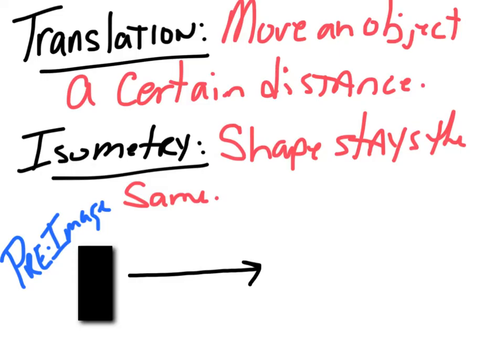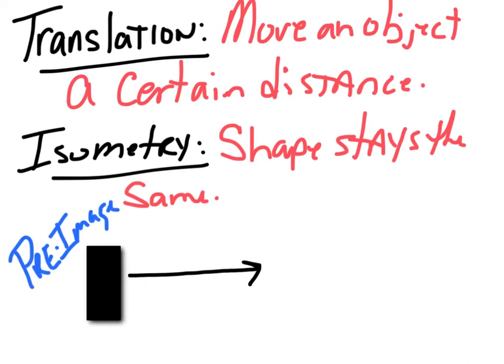Two terms to start out with are translation, which is moving an object a certain distance, and isometry, which is the shape stays the same size. So it doesn't change anything. So when we start with an image and we have this rectangle here, this is what we call the pre-image.